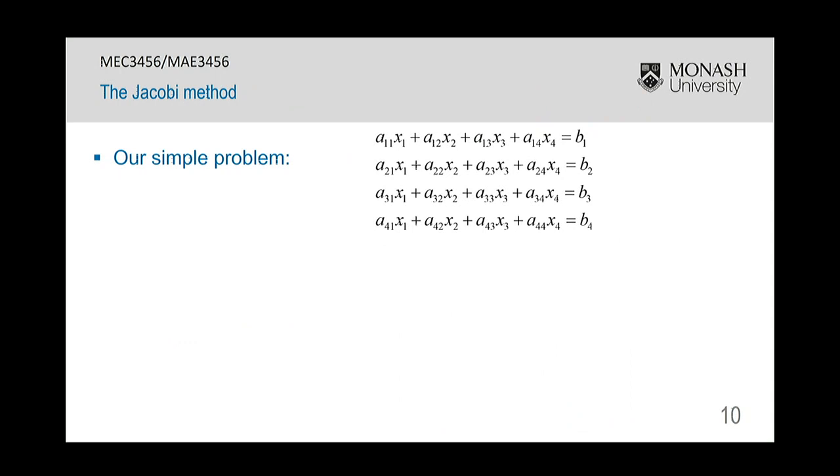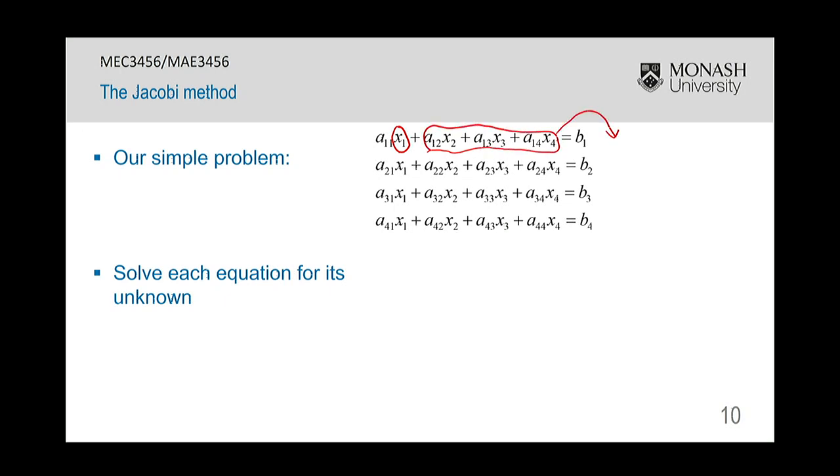So for this simple problem, we can, if we wish, solve each equation for its unknown. For the first equation, we say that the unknown is x1. We take all of the terms involving the other unknowns and move them to the right hand side, and we can then divide by a11.